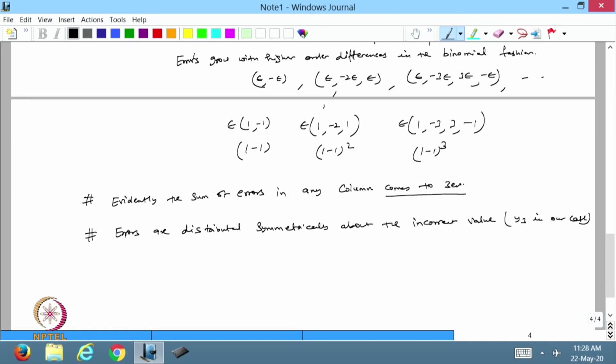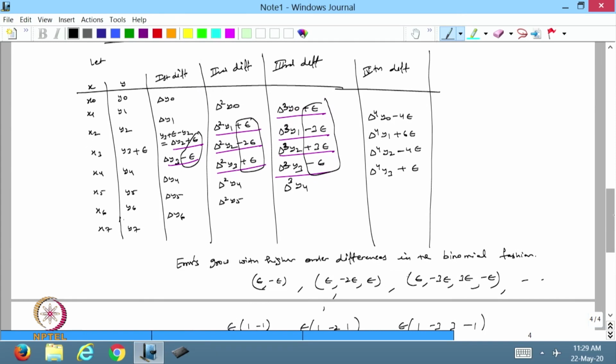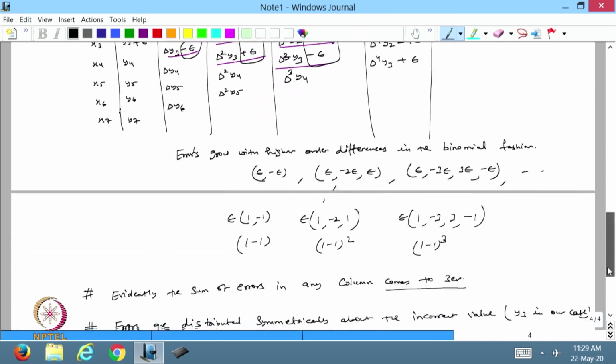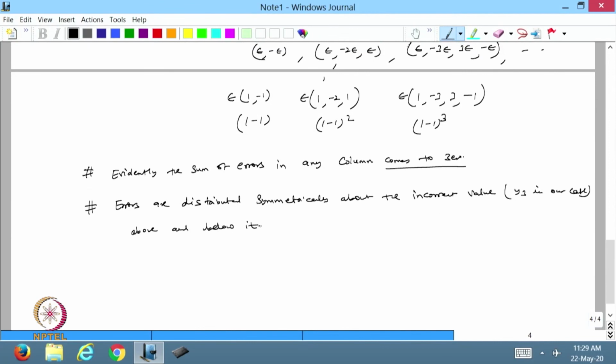So, errors are distributed symmetrically about the incorrect value, above and below it. So, from here also we can see that the errors are distributed one above, one below, then one more above, one more below. So, it is distributed symmetrically in the above and then the below. So, that is also one of the characteristics of the errors in the finite difference table.